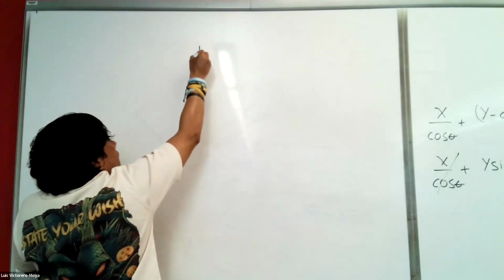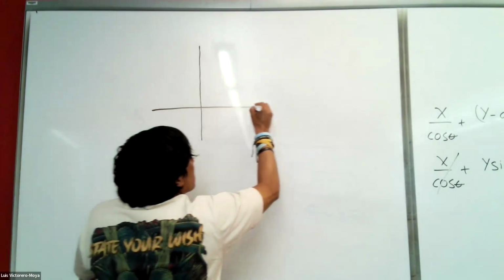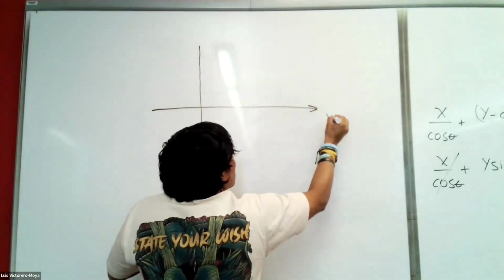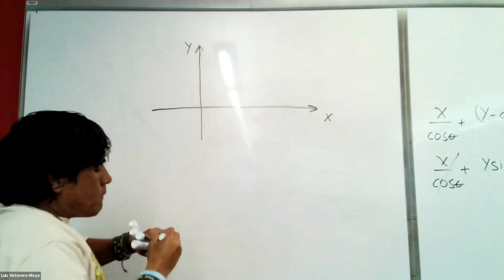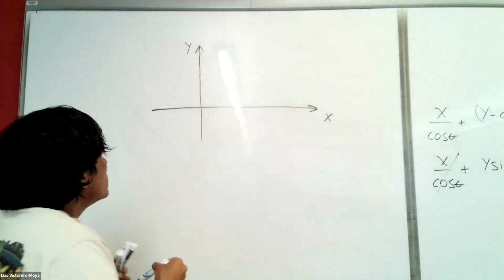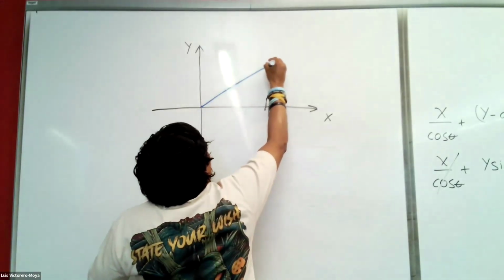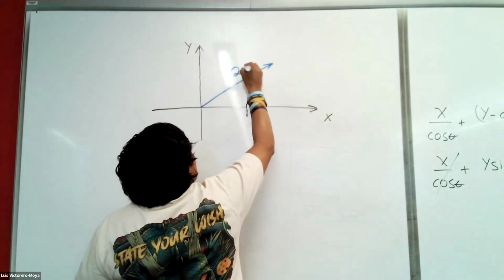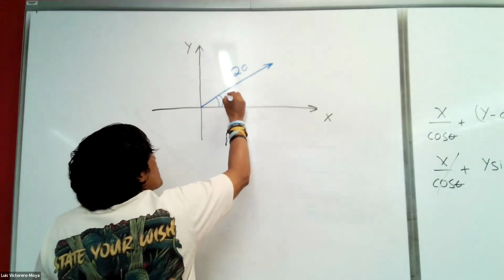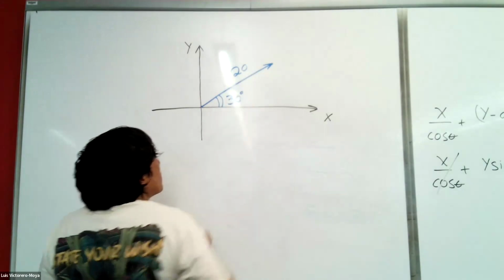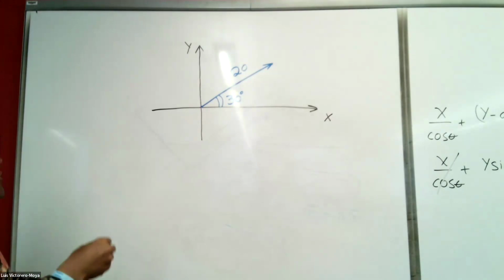You can have, on the X and Y plane, a vector. I'm going to give values now. So let's say you have a vector of 20 units at an angle of 30 degrees. We can break that vector into components.